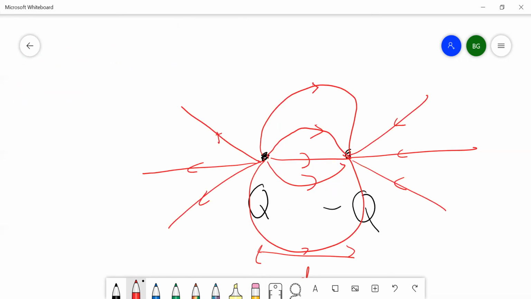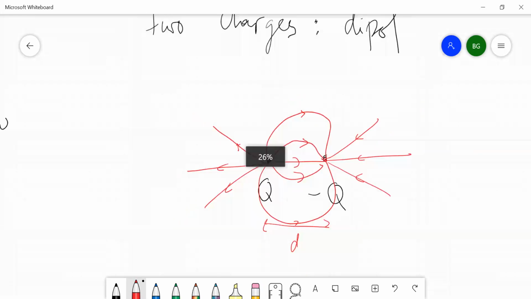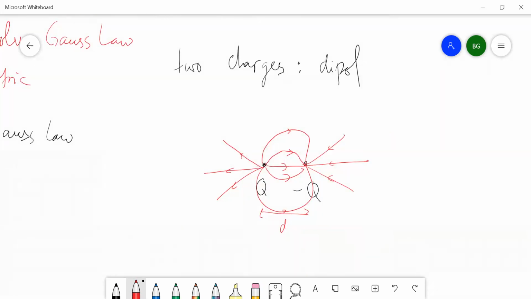Okay, this is, for example, for a dipole, a two-charge system, and this is no longer a sphere.